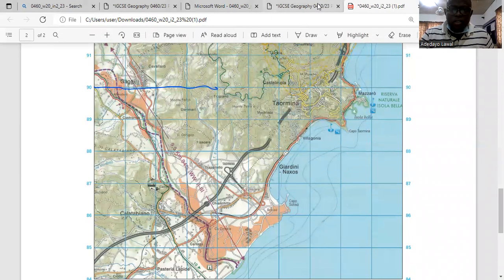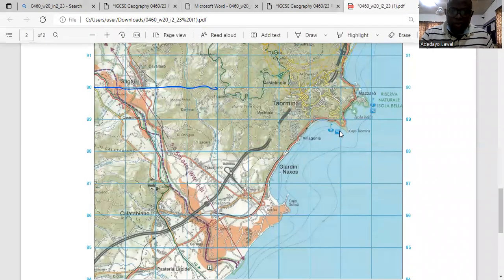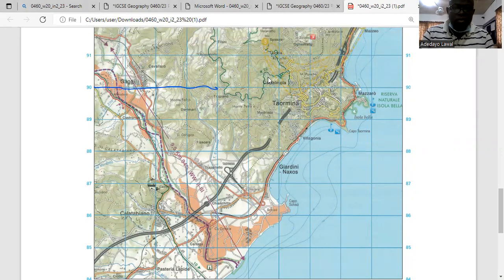Let me read the question again: compass bearing from, so we are coming from here. So how do you do that? You first join it with a straight line to the southern edge.